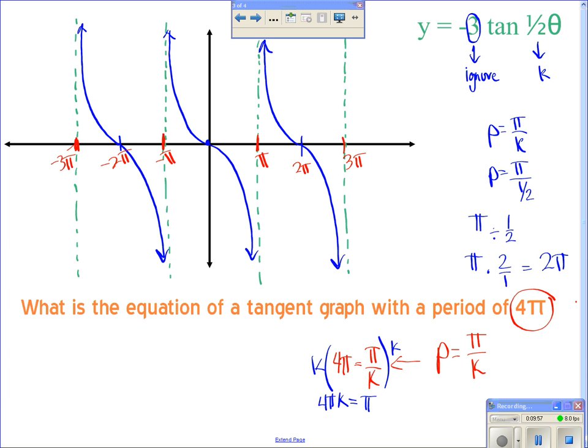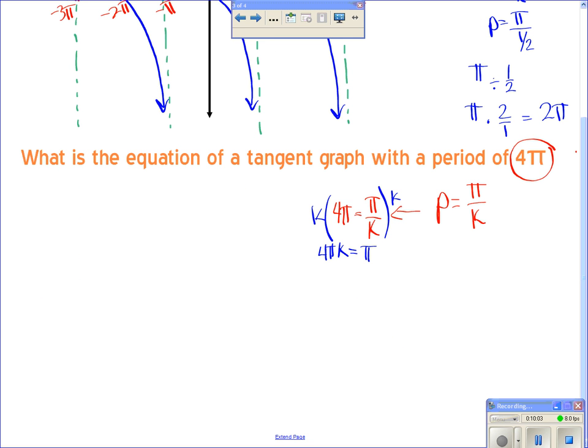How do you get k by itself? Divide by 4 pi, what happens? Pi's cancel out and we're left with what? 1/4.